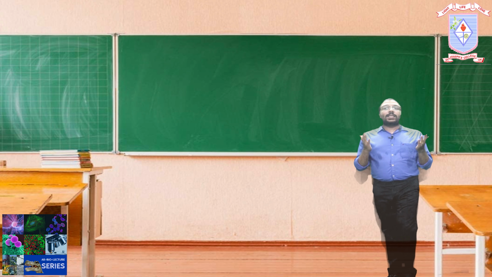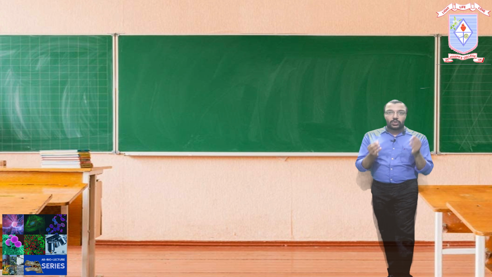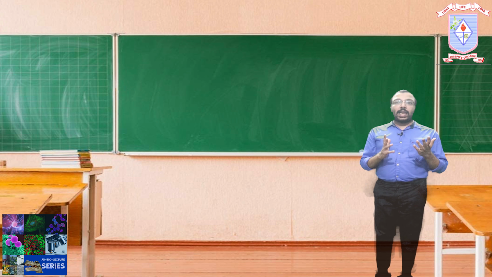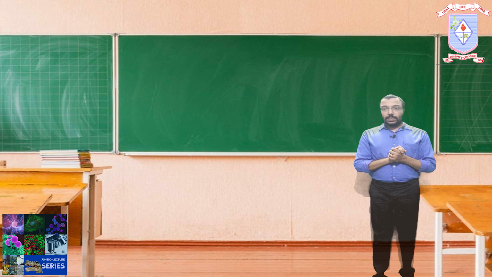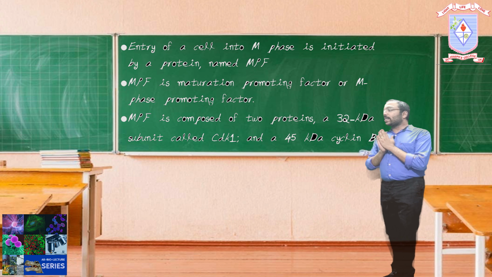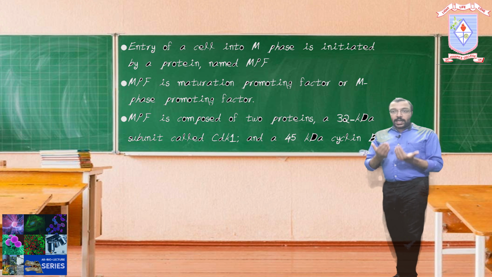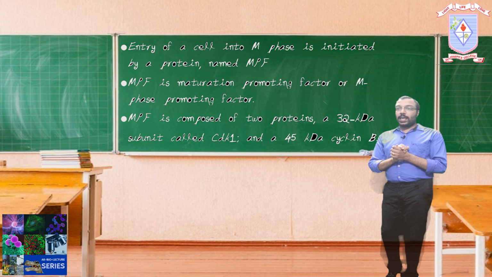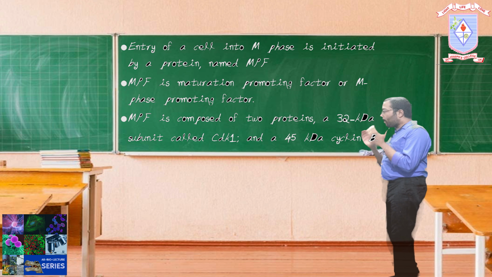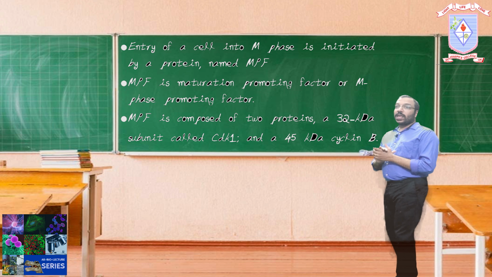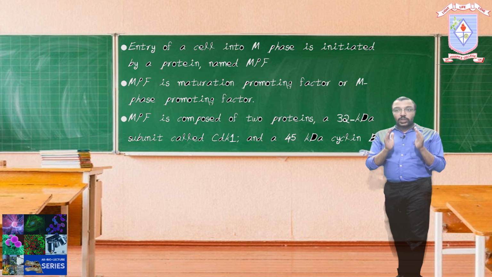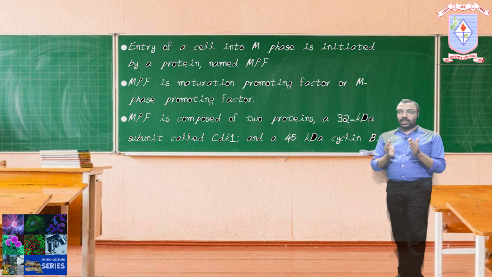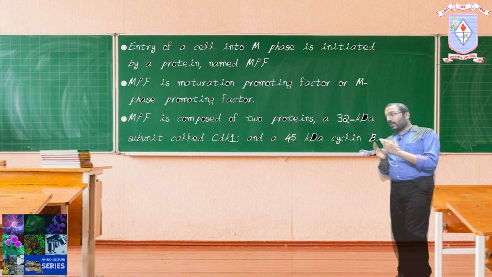Now we are discussing how interphase to M phase transition is regulated in animals. Here you can see the points. Entry of a cell into M phase is initiated by a protein named MPF. MPF is a maturation promoting factor or M phase promoting factor.